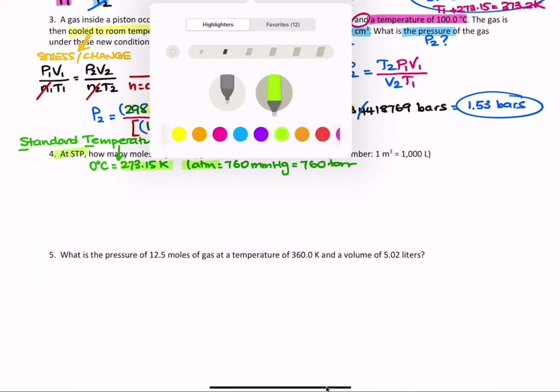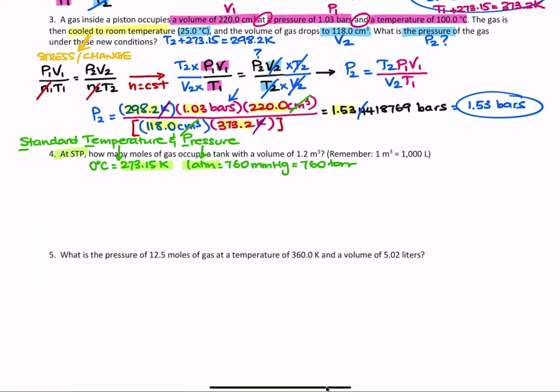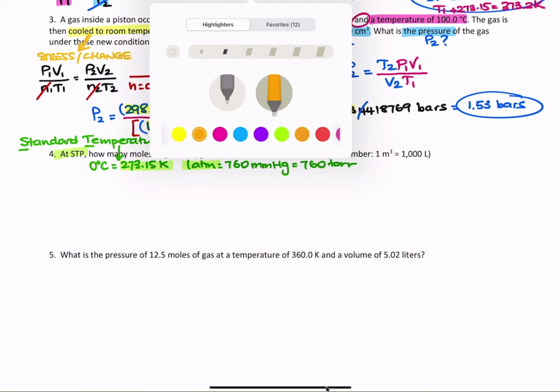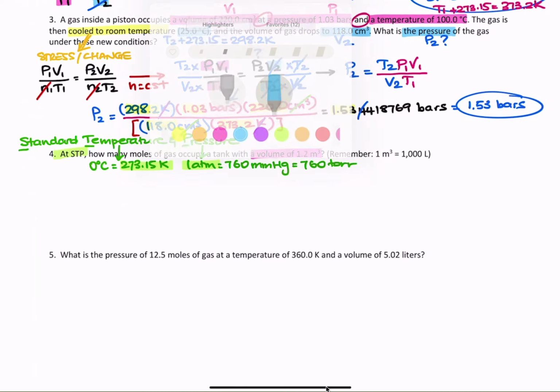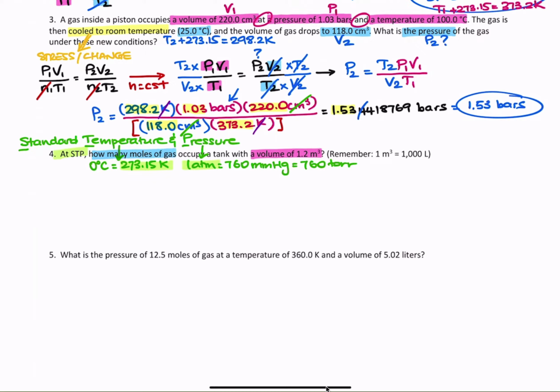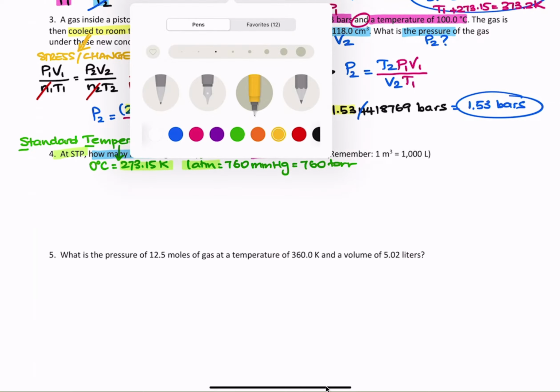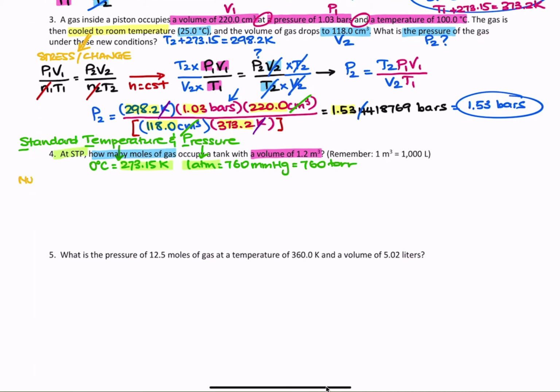So the question is asking, how many moles of a gas occupy a tank with a volume of 1.2 cubic meter? So you're only given a volume. There's no stress, no change, okay? Very important. We're looking for how many moles of gas, and we're given a volume, we're given a relationship, because there's no stress applied.